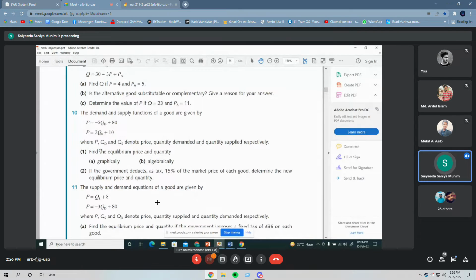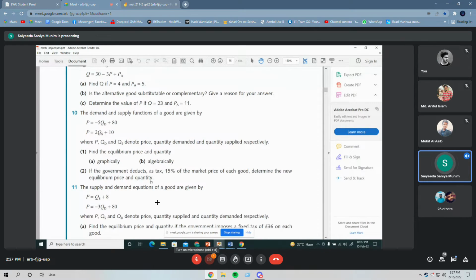P is your price, QD, QS represents quantity demand, quantity supply. First, you need to find the equilibrium price and quantity. Then the second question says, if the government deducts as tax 15% of the market price of each good, determine the new equilibrium price and quantity.